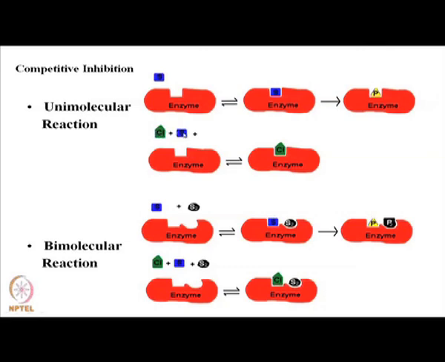You see that this one has the option to bind here, take this place, or maybe this one can attach over here. Okay. So, what is happening is that if it attaches, then substrate cannot access this pocket for the reaction to take place. So, basically it is an enzyme competitive inhibitor complex.